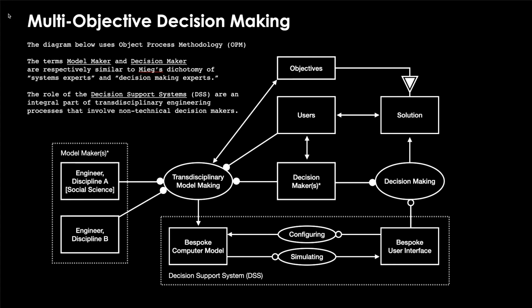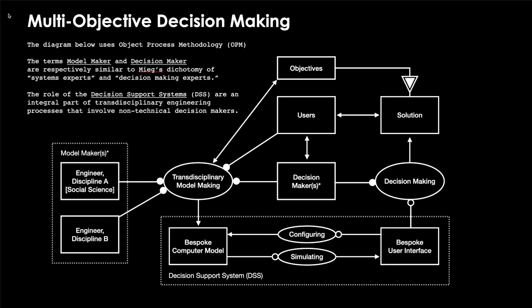The emergence of decision support systems has become a very integral part of linking the wealth of data and information and modeling techniques to a decision-making process by non-experts. So that lower box in this diagram is that decision support system concept.